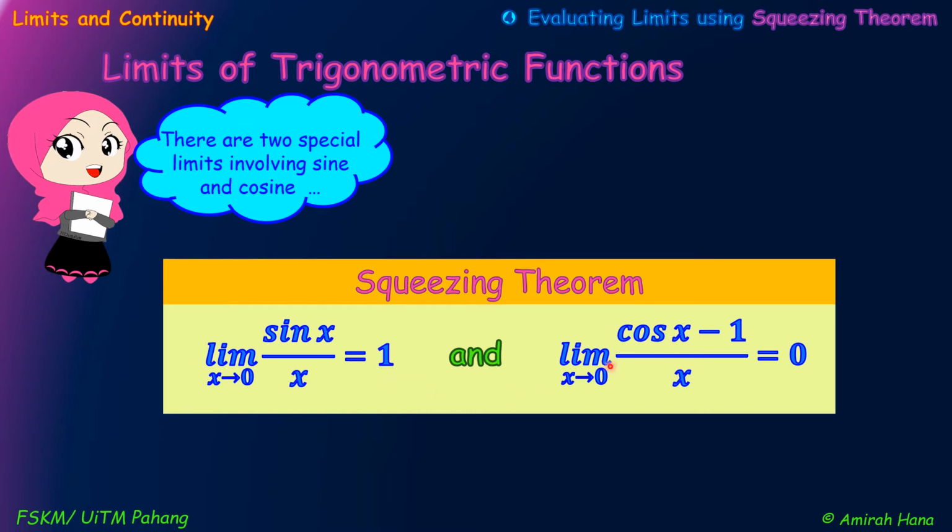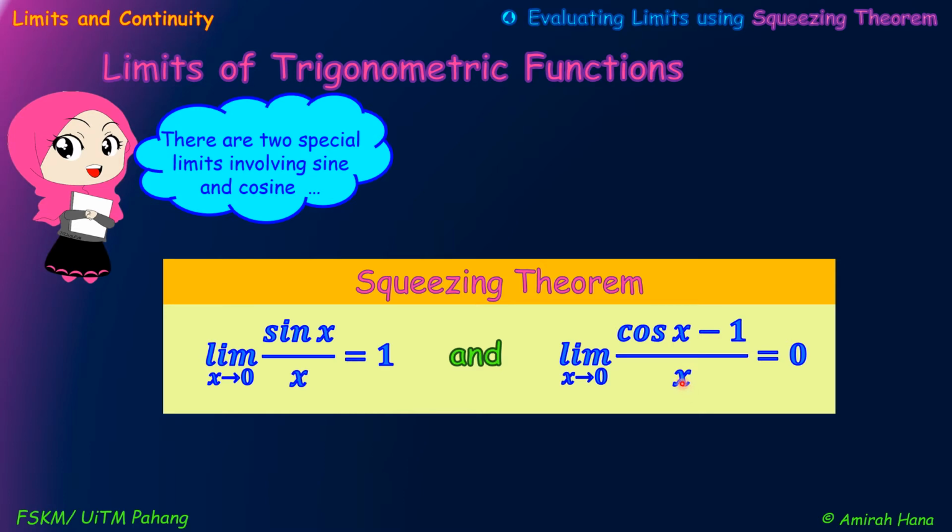And for this limit, limit as x approaches 0 of (cos x minus 1) over x, if we use direct substitution, we plug in 0 into variable x, so we will get cos 0, which equals 1. 1 minus 1 equals 0, and we have the denominator equal to 0.